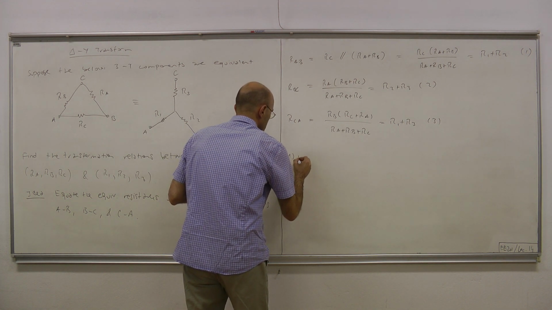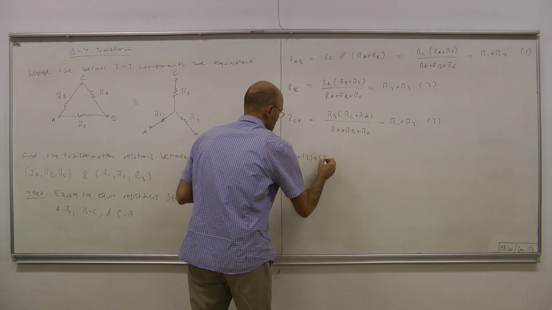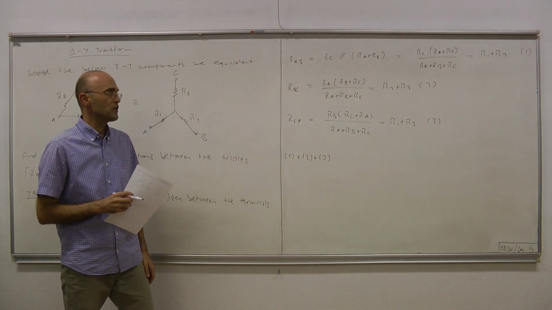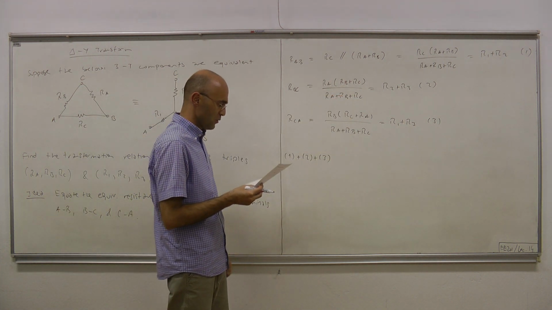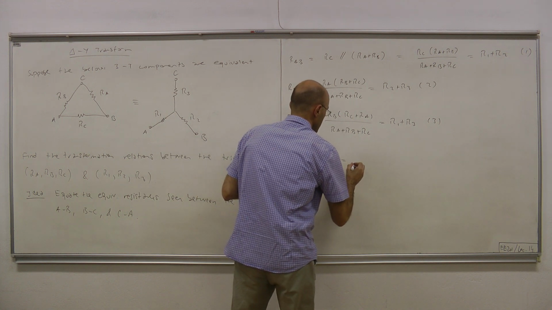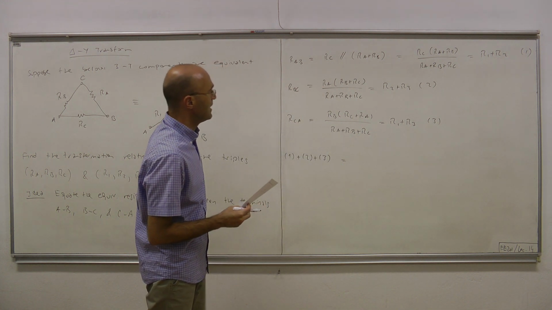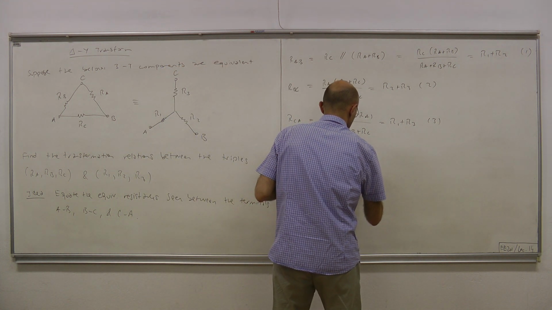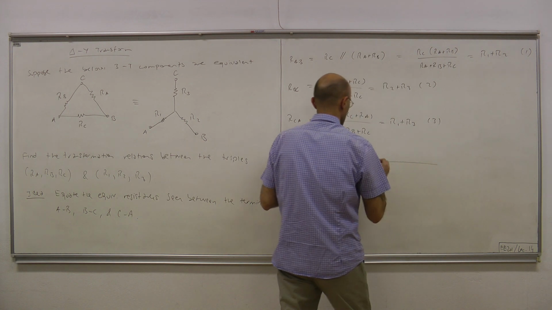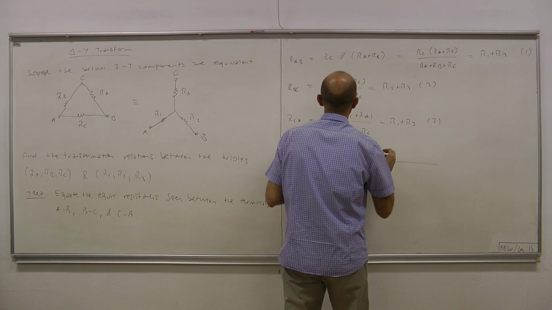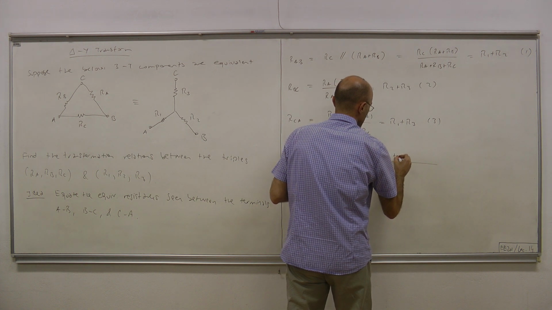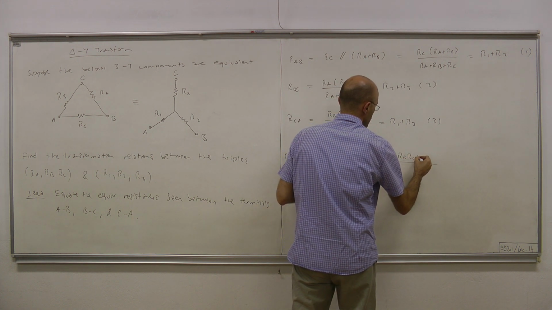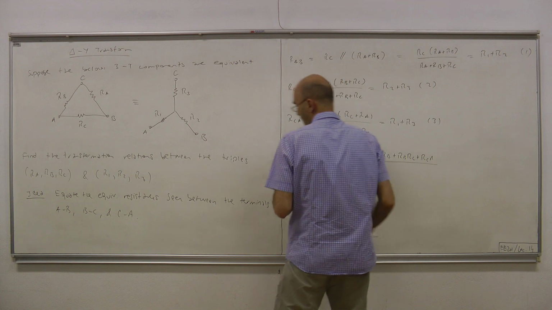So first, let's sum all those three equations: equation 1, equation 2, and equation 3. On the left-hand side, we have 2 times RA RB plus RB RC plus RC RA.